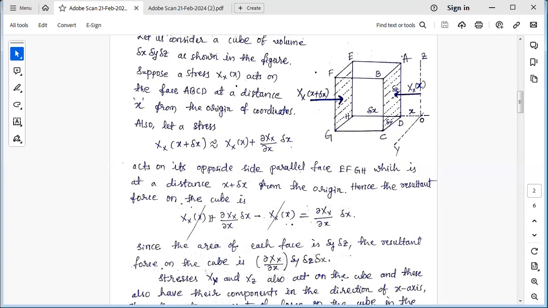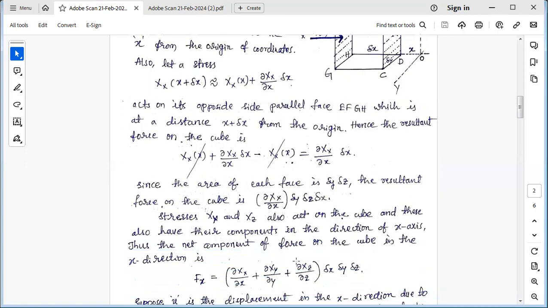So this is the force acting on the face EFGH, and this is the stress acting on the face ABCD. When you subtract these two, we get dou hx by dou x into delta x as the resultant force acting on this cube in the x direction. That is very important.